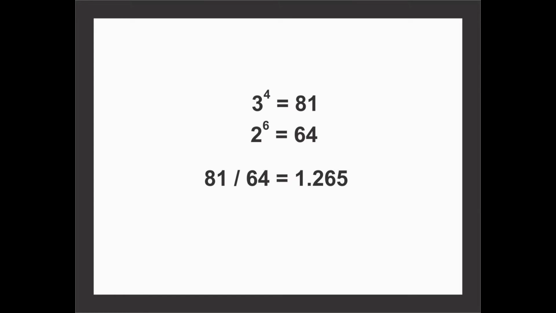For example, 3 to the 4th power is 81, and 2 to the 6th power is 64. 81 divided by 64 is 1.265, which is an identity of 81. 1.265 is located between 1 and 2.